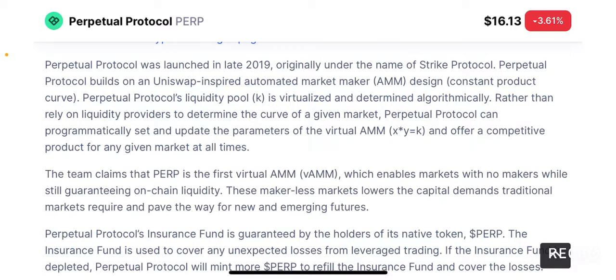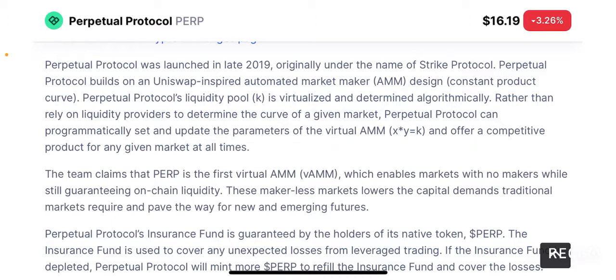So what is Perpetual Protocol? Perpetual Protocol was launched in late 2019, originally under the name of Strike Protocol. Perpetual Protocol builds on a Uniswap-inspired automated market maker design, which is based on a constant product curve.